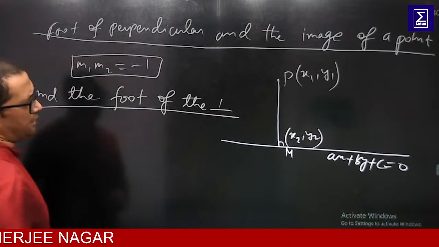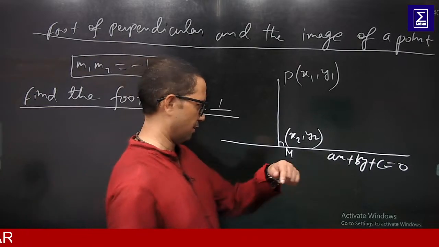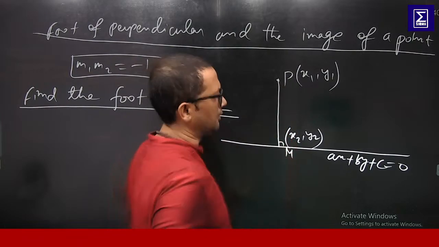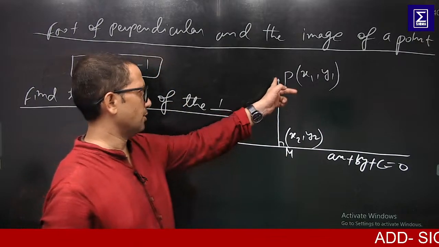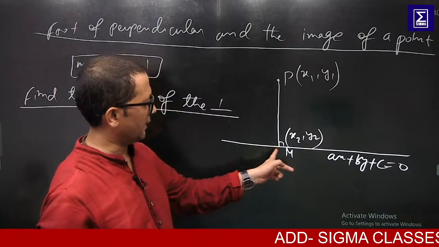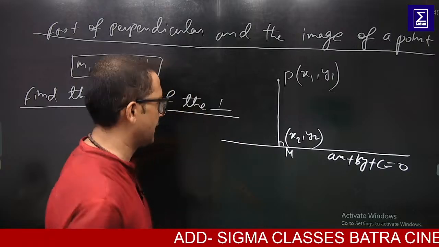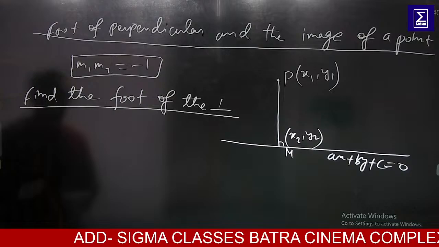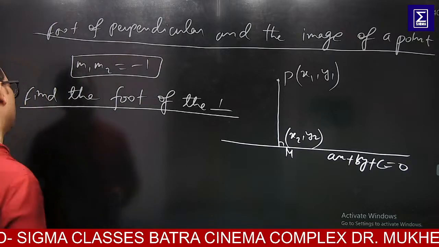So what are the things given? You are given a straight line ax plus by plus c is equal to 0, and a point P that is not lying on the straight line, P x1 comma y1. From this point, perpendicular PM on the given line. So we have to find the coordinate of this point M. So for this we need to get the slope of both the lines separately.